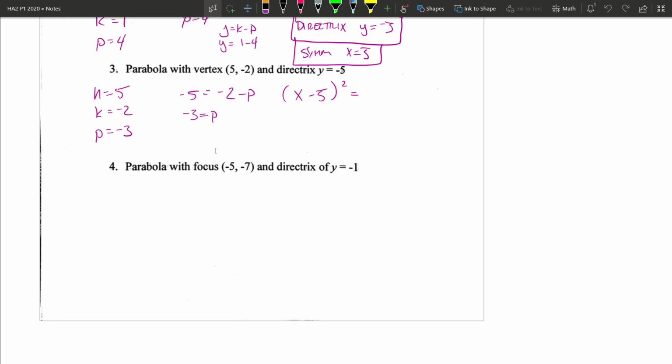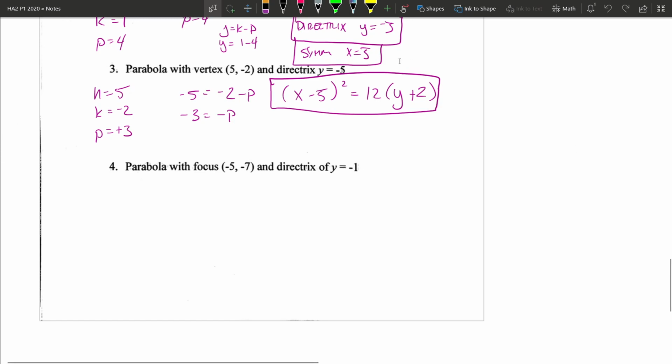Something doesn't look right here. Negative 3 equals negative p. So p is positive 3. And 3 times 4 is 12. There we go. And then there's the x, so this is the y, and then minus 2. Minus minus, so it's plus. So there's our equation.